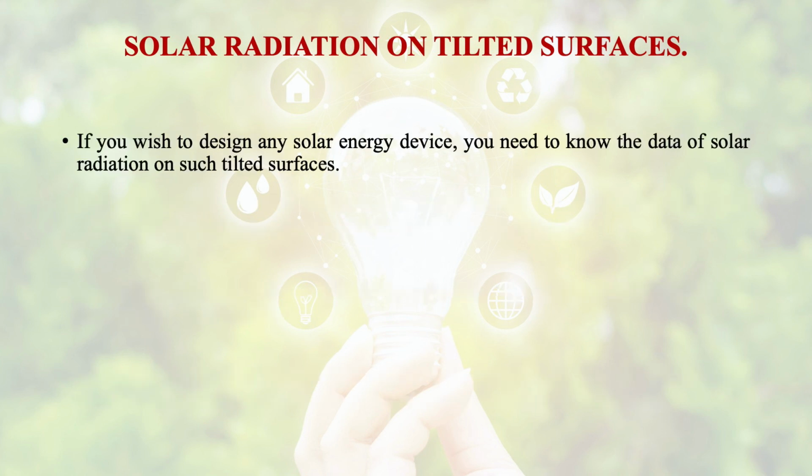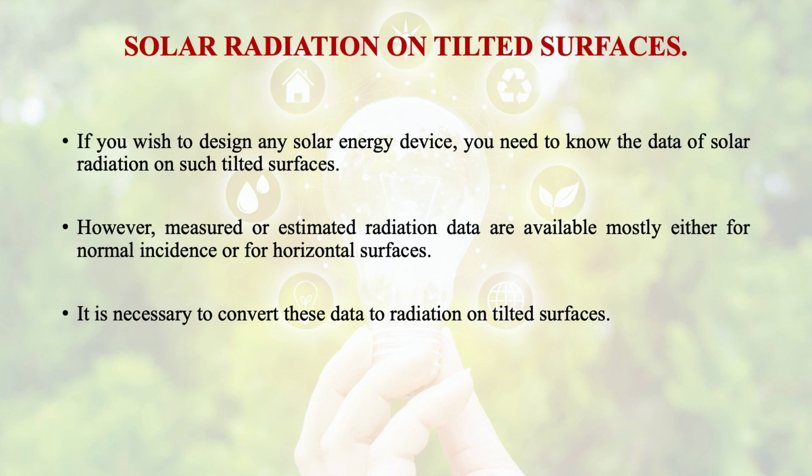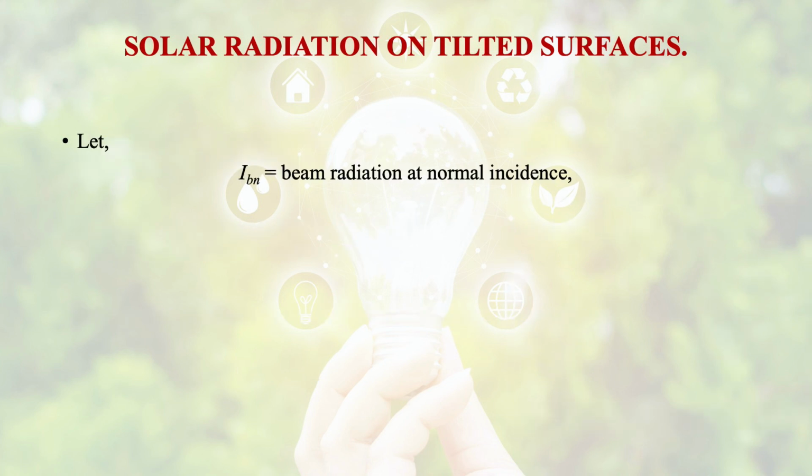If you wish to design any solar energy device, you need to know the data of solar radiation on such tilted surfaces. However, measured or estimated radiation data are available mostly either for normal incidence or for horizontal surfaces. It is necessary to convert these data to radiation on tilted surfaces. If you see in the figure, the I_BN is beam radiation at normal incidence and I_B is beam radiation at horizontal surface.